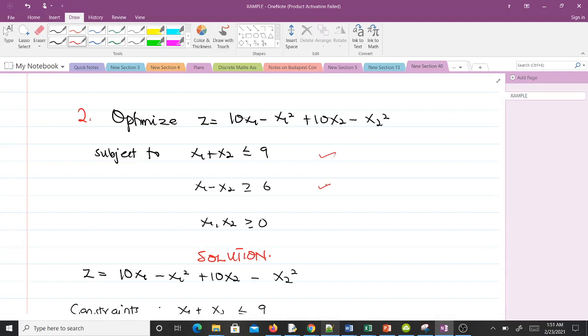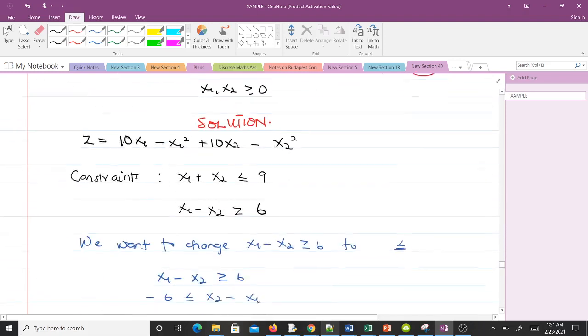So if you could recall, everything we are doing, the constraint is always of the form less than or equal to. But this is the case we have greater than or equal to. So what we do is that before we can solve this problem, we would want to change this greater than or equal to less than or equal to.